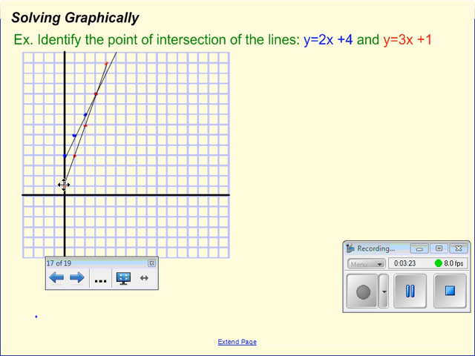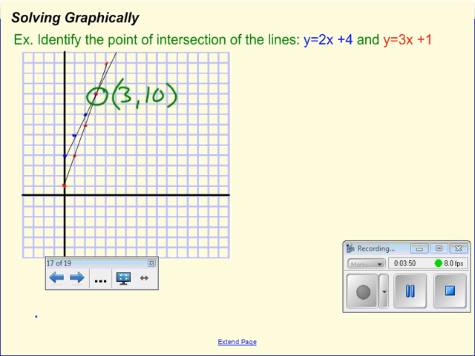From inspection already, I can see that I have a point of intersection right here for my two lines, and it is going to be 3 and 10. So that's my point of intersection. I figured it out at 3 and 10, that is where my two lines cross.